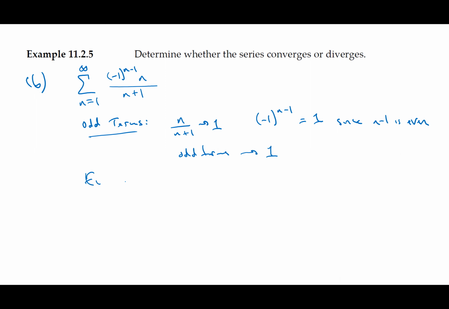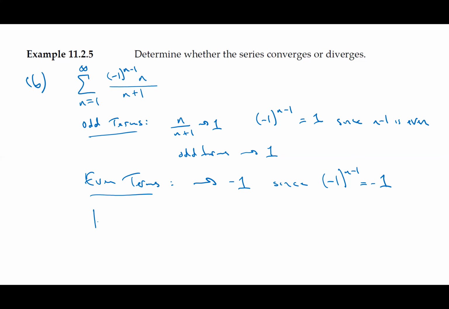Well, the even terms, those are going to converge to -1, since (-1)^(n-1) equals -1, right? n minus 1 will be odd.